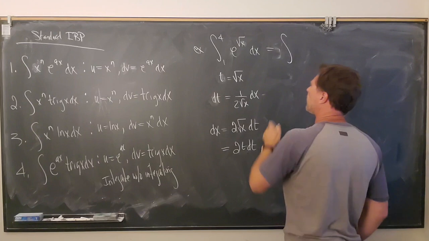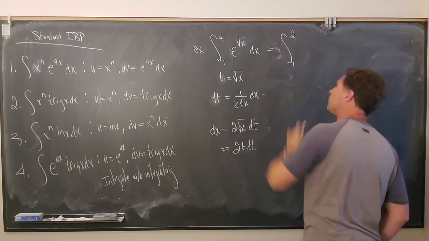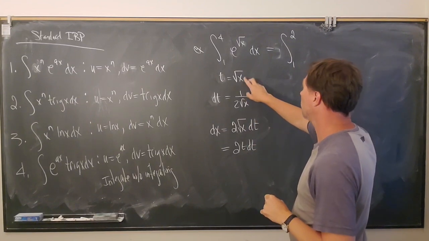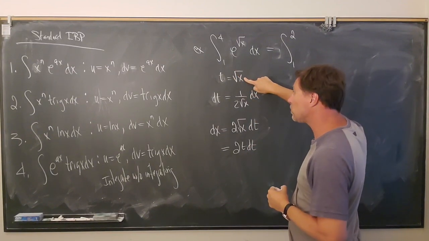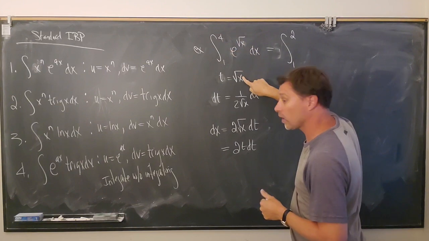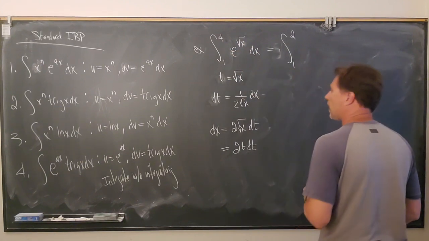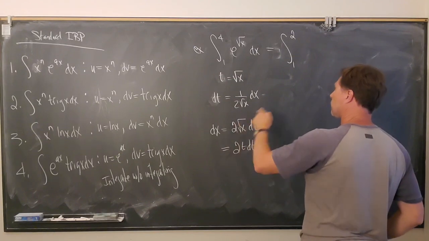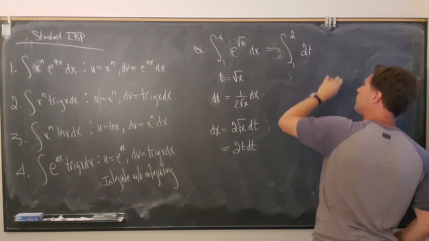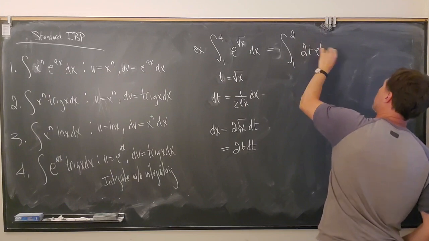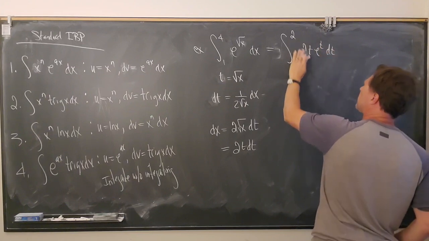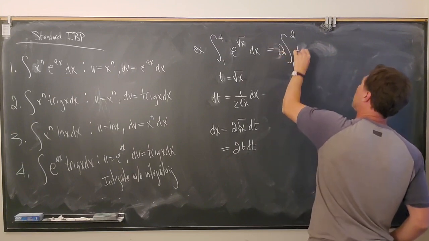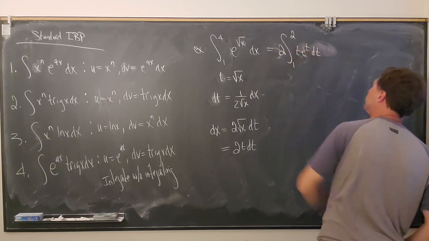The limits of integration will be 1 to 2. All right, we did substitution, so you need to change the limits. Right, when x equals 1, t equals 1. When x equals 4, t equals 2. And then we'll have 2t e to the t dt. I kind of wish I would have put my 2 on the outside here. Let me just do that. So the 2 goes here, t e to the t dt.